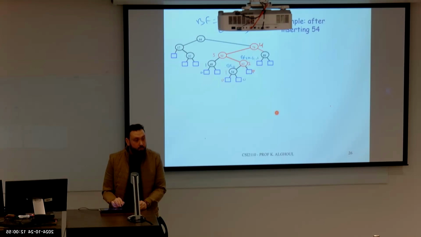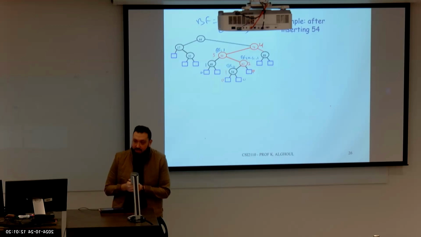So do it step by step. That's BF. It's the right minus the left. 2 minus 1, it's 1. It's still balanced. That's how you're going to think about it. We're not going to look at the height, which is 3, for the balancing factor. So BF, as James said, this is 1, this is 2, 2 minus 1, 1. I'm still good. Very good.